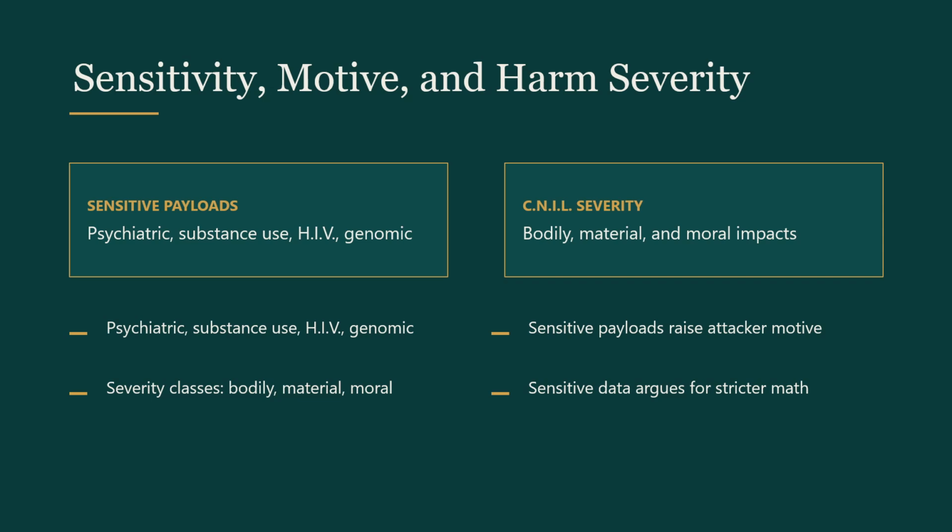Alongside motive sits severity, and the cleanest published vocabulary for it comes from the French Data Protection Authority, CNIL, which classifies the impact of a disclosure on an individual into three kinds: bodily impacts, physical harm, including violence, denial of care, or self-harm following exposure; material impacts, financial loss, insurance consequences, employment loss, denial of credit; and moral impacts, humiliation, stigma, damaged relationships, the collapse of a private life made public.